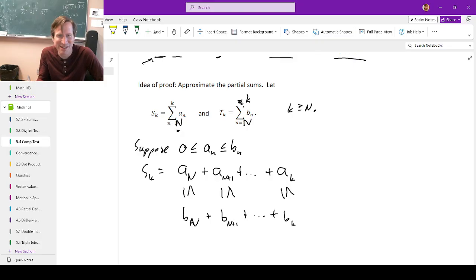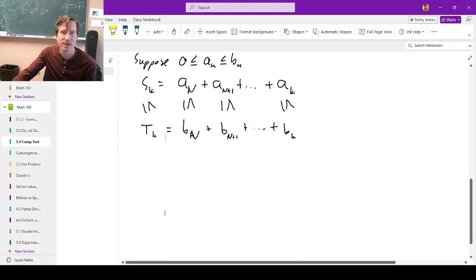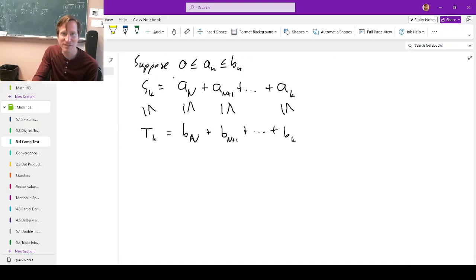Because the b's are bigger than the a's. So that means that T sub k has to be bigger than S sub k, right? Also all of these are greater than or equal to 0, that's something that we assumed, and so S sub k also has to be greater than or equal to 0. So now we have 0 is less than or equal to S sub k, and that's less than or equal to T sub k.